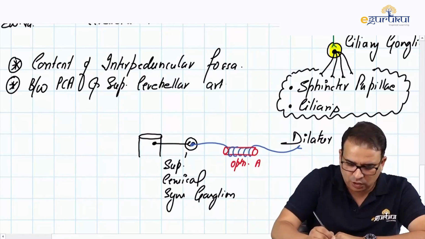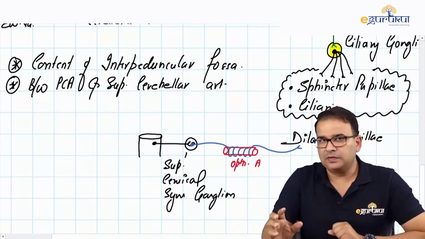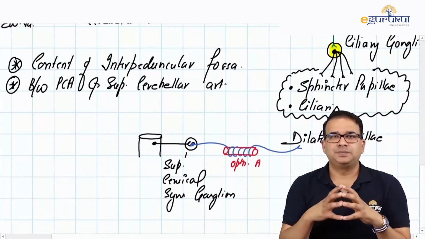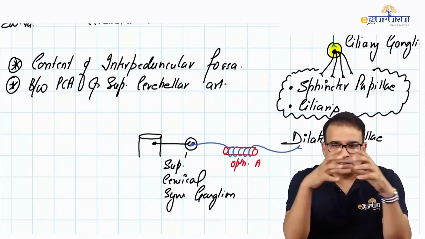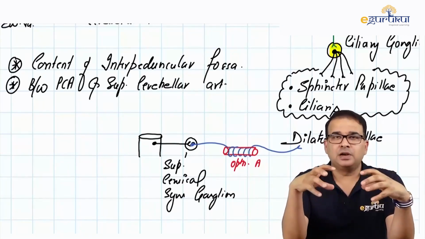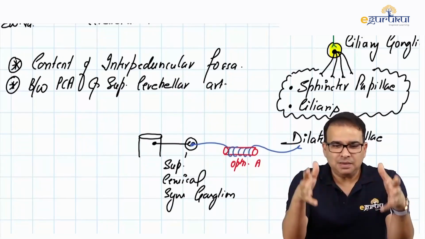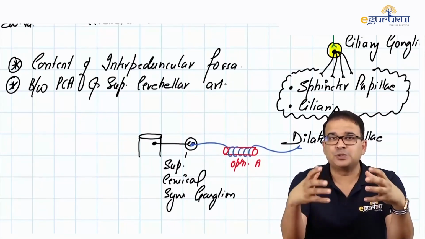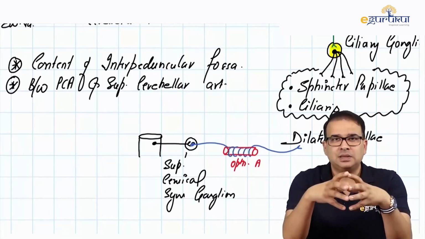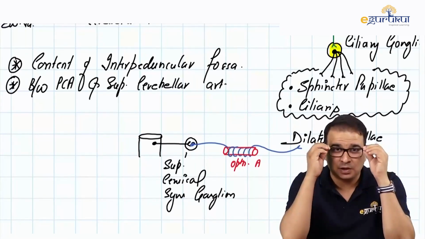Now, this location of the third nerve makes it vulnerable to aneurysm also. And in the same interpeduncular cistern, we have the posterior part of the circle of Willis. Now, what is there in the posterior part of the circle of Willis?